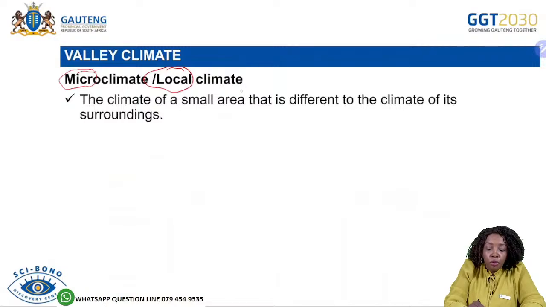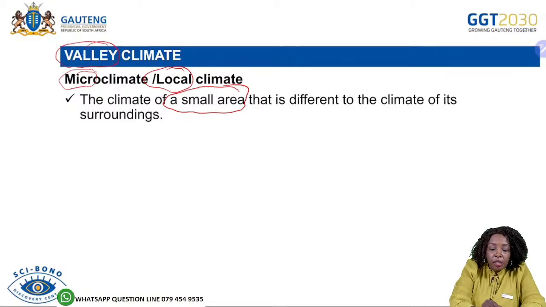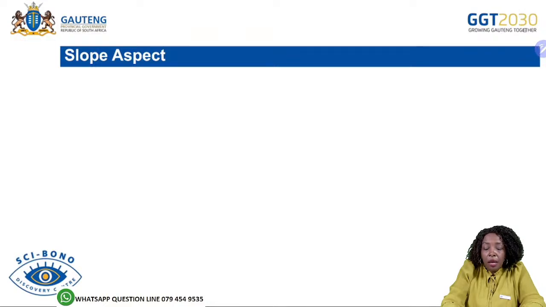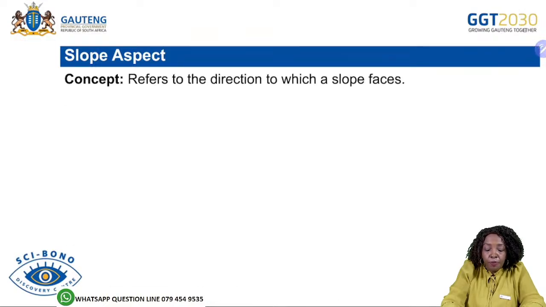We will be focusing on that specific small area, which would be a valley in this instance. So the different climates that would exist in the valley mean that their surroundings would have a different climate to it, hence we refer to it as microclimate.